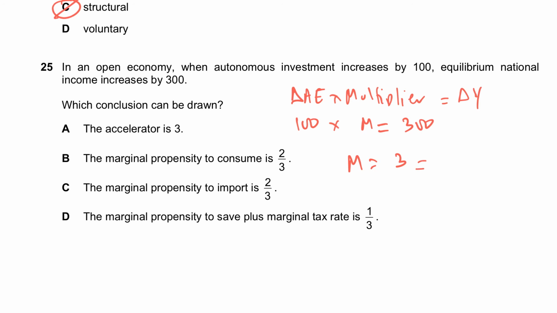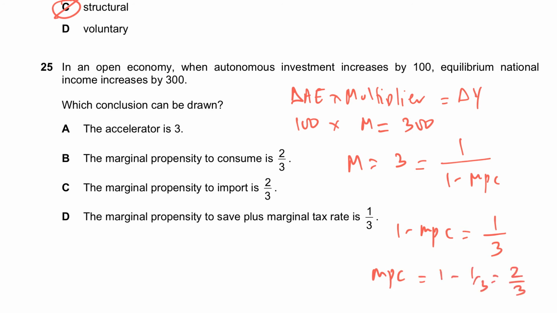Now the formula of multiplier is 1 over 1 minus MPC, which means 1 minus MPC will be equal to, if I put 3 on the other side, 1 over 3, which means MPC will be equal to 1 minus 1 over 3, which is going to be 2 over 3. So the right answer in this case will be the MPC is 2 over 3.